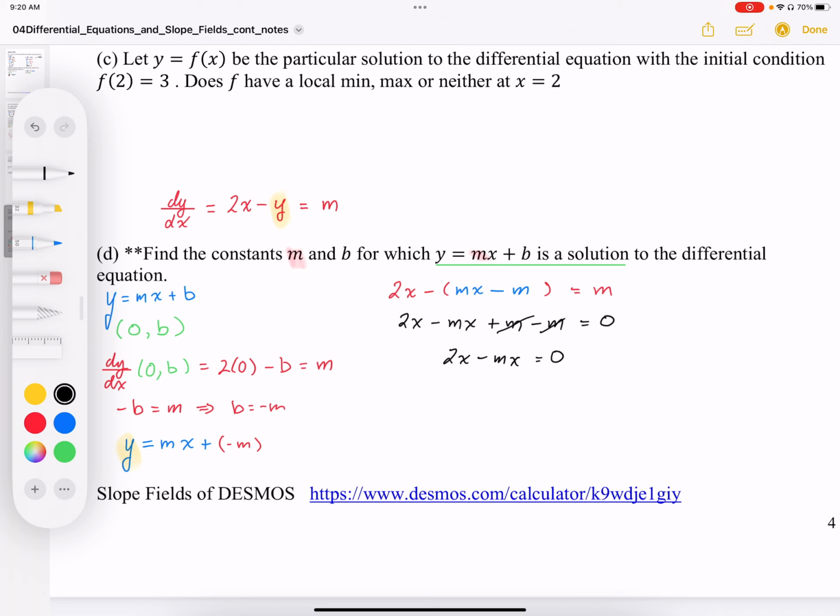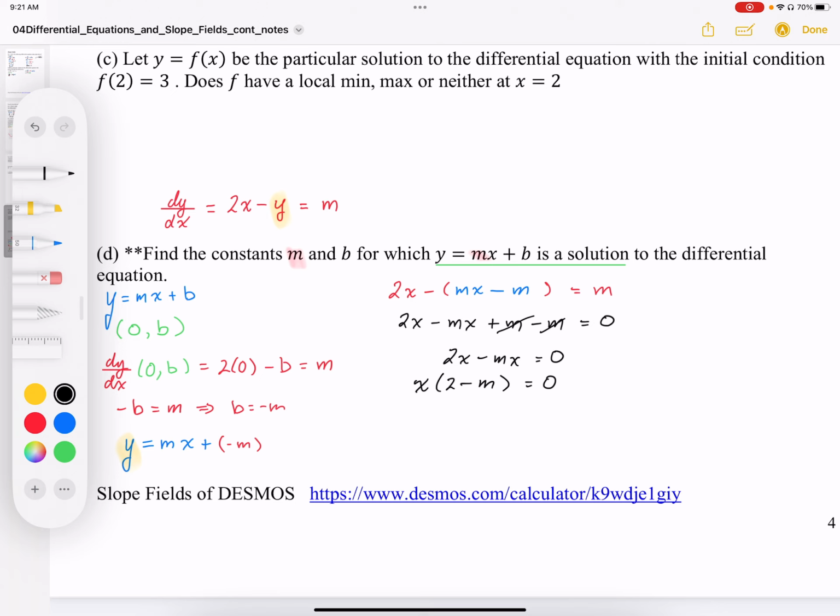Now, again, I can't solve for this. However, it is factorable. It is equal to 0. And if that's true, then I can factor and try to solve for x and m. Well, I don't really need x because x is a general variable. But when I factor, this allows me to solve for m. And if I can solve for m, I'm partway through to solving for that general equation.